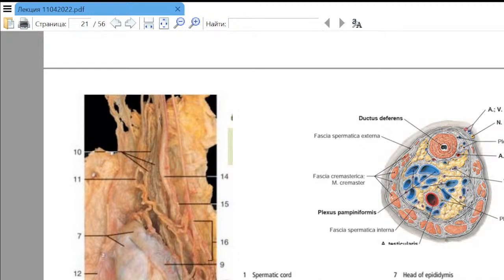This is the testis, the epididymis, the scrotum, and the parietal layer of the tunica vaginalis.